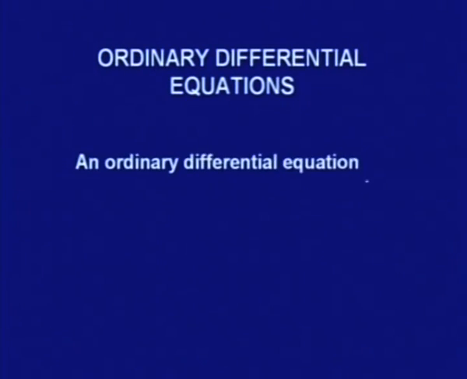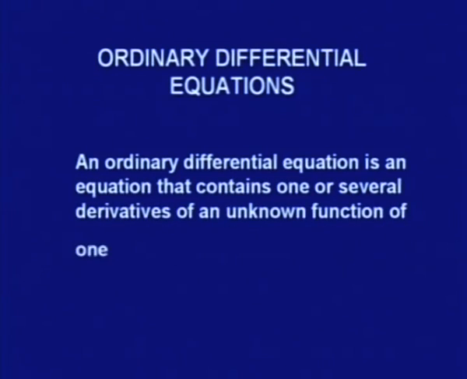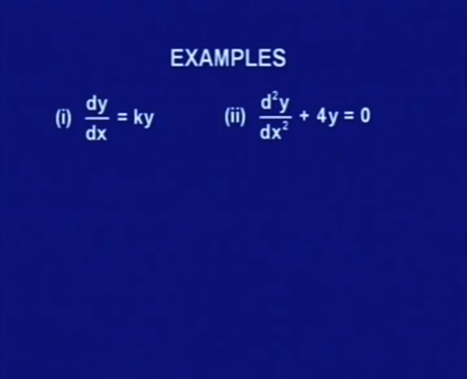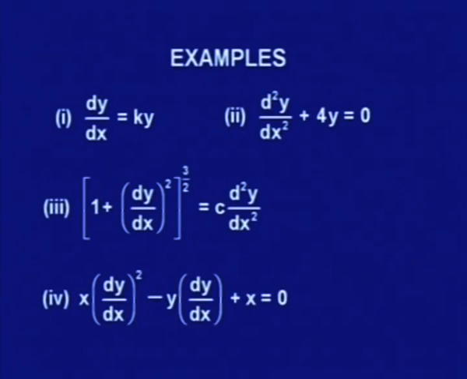An ordinary differential equation is an equation that contains one or several derivatives of an unknown function of one variable only. Thus, in our examples, the first example dy over dx is equal to ky, the second example d2y over dx2 plus 4y is equal to 0, 1 plus (dy over dx) whole square complete power 3 by 2 is equal to c times d2y over dx2, x times (dy over dx) square minus y times dy over dx plus x is equal to 0 are all examples of ordinary differential equations.